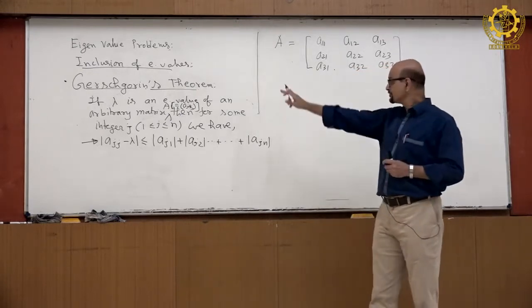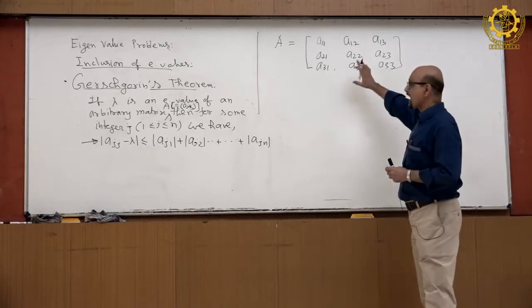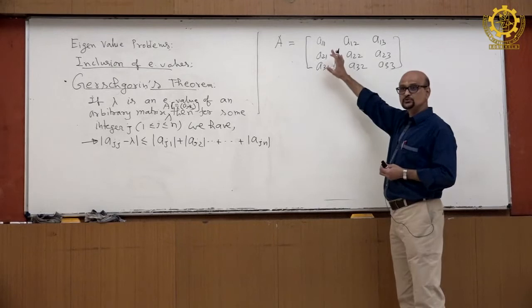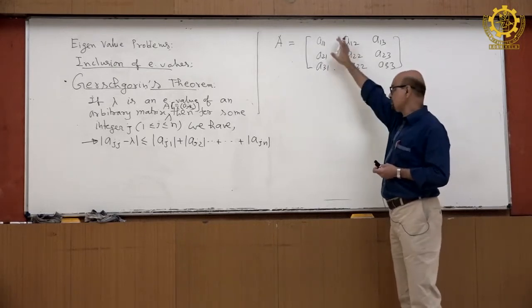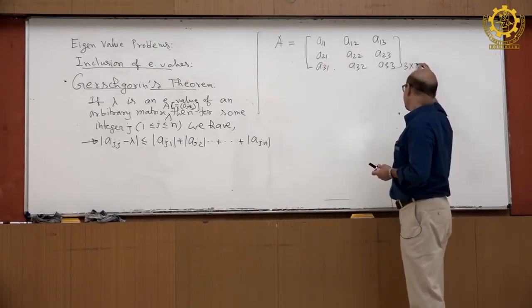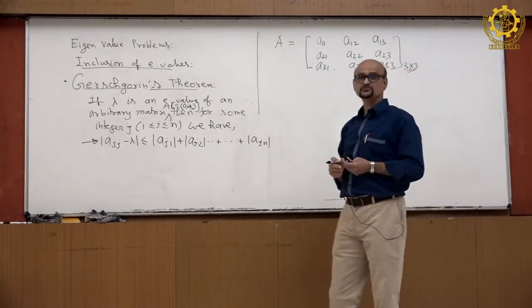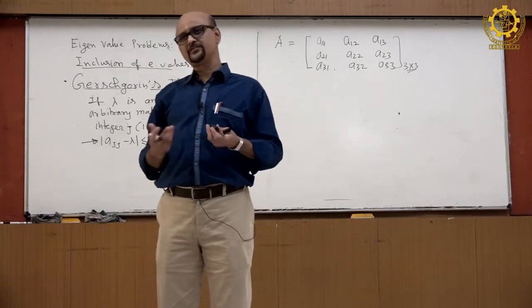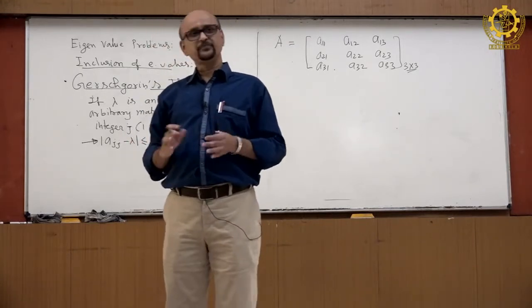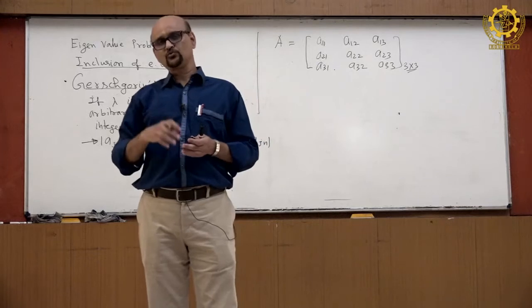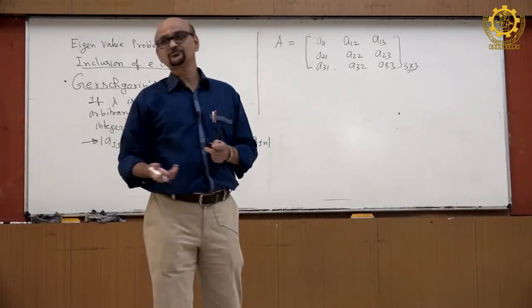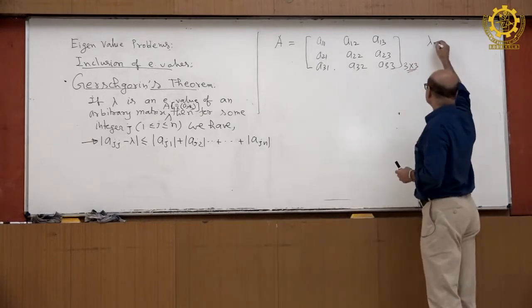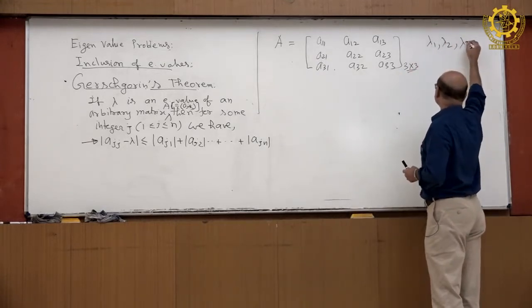So, this theorem gives an idea about different disks corresponding to the eigenvalues. As you know, for a 3 by 3 matrix, at the most how many eigenvalues can I have? 3 at the most, because those may be repeated, may be different, maybe 2 different or 2 repeated, 1 different. So, at the most 3 eigenvalues are possible, maybe lambda 1, lambda 2, lambda 3.